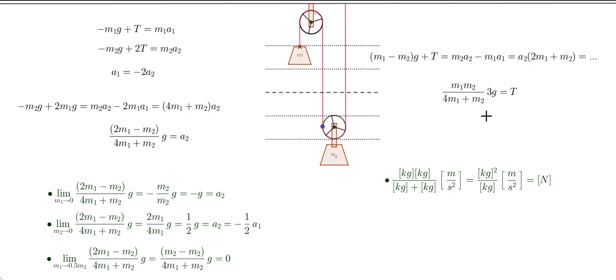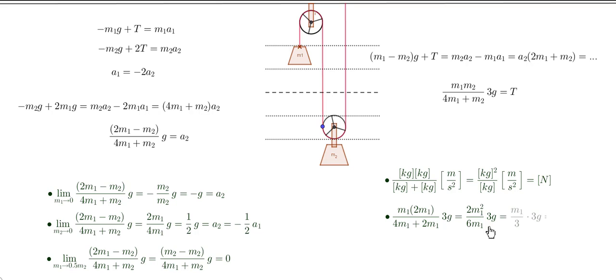And now let's look at one of the extreme cases. Again, let's look at the static case, when we know that m1 equals 1/2 of m2. So we can plug in for m2, let's plug in 2 times m1. And we have m1 times 2m1 over 4m1 plus 2m1 times 3g. That's the same as 2 over 6 times m1 squared over m1 times 3g.